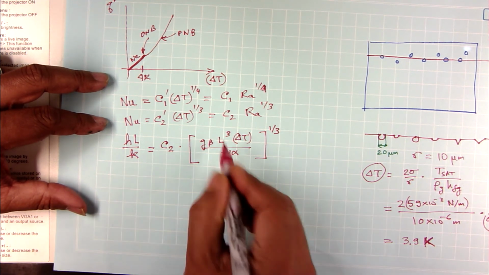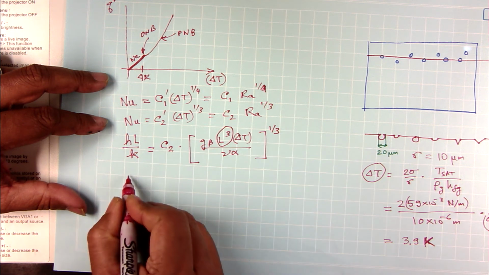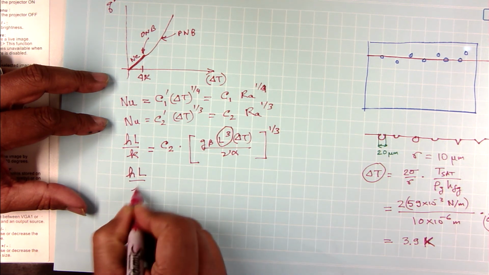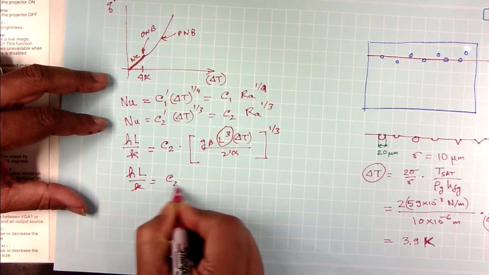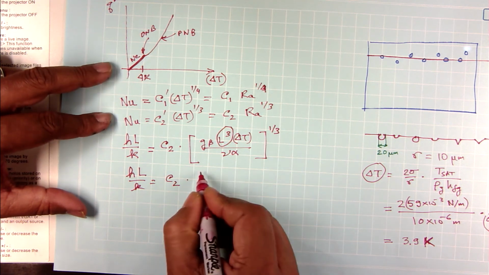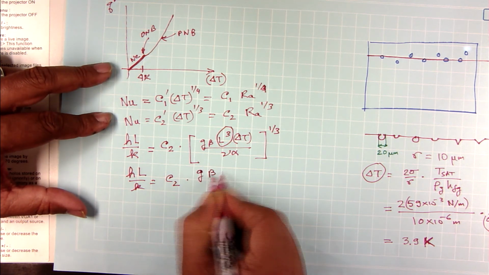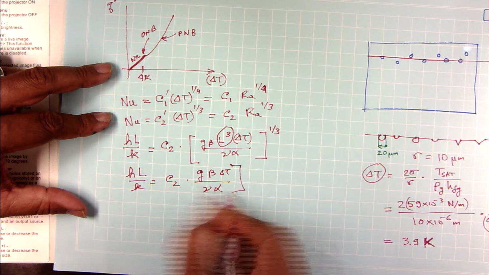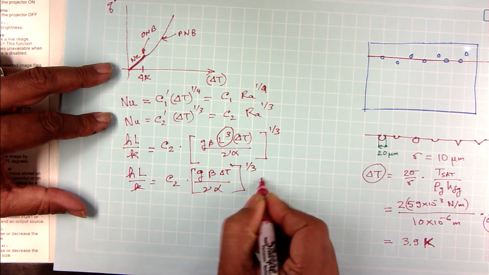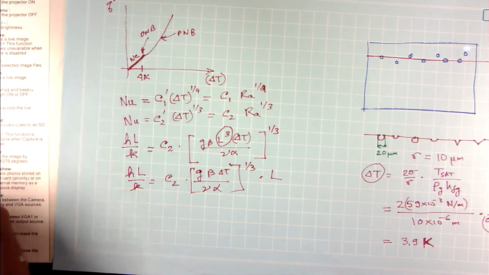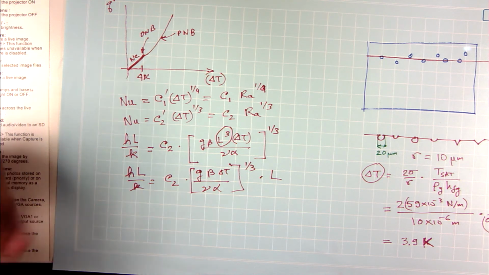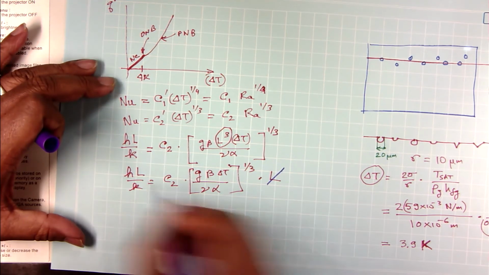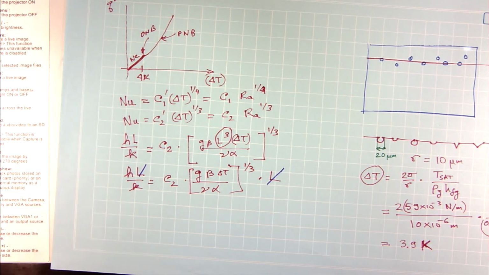So, if I take this L cubed out, I will have hL by k is equal to C2 times g beta delta T divided by nu alpha to the power of 1/3 times L. And what do you see? The L cancels out.